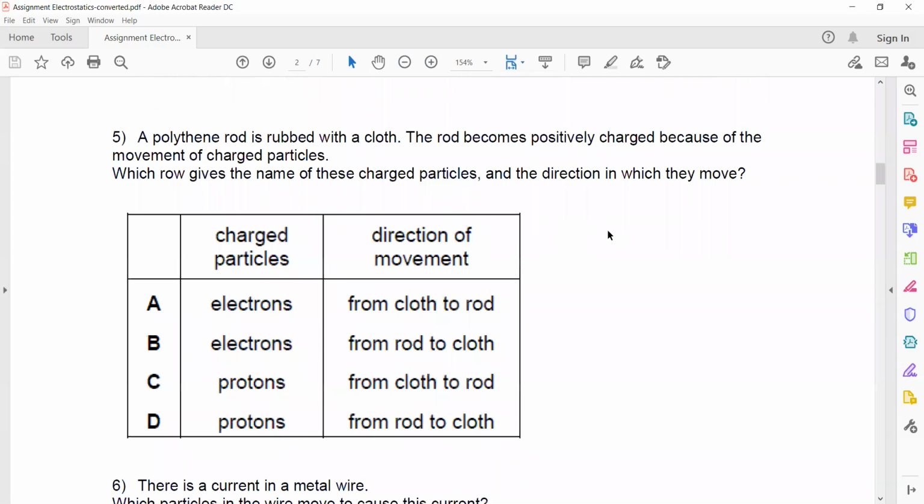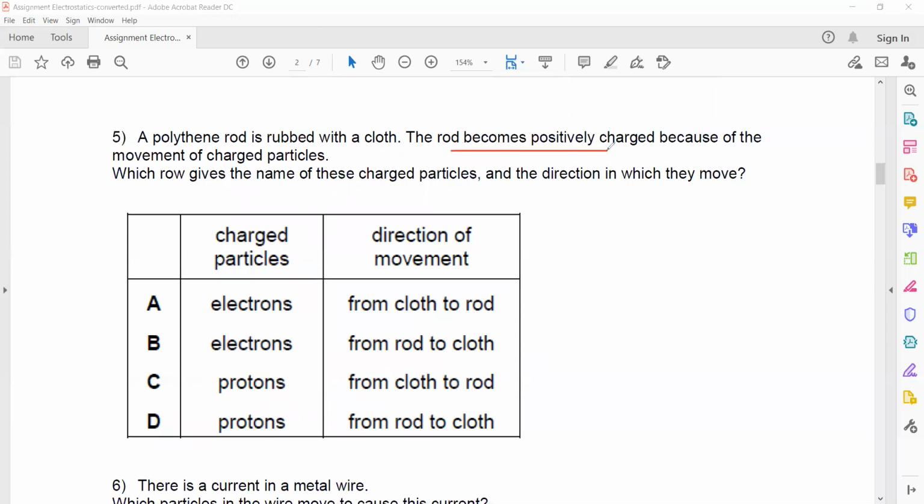Question 5, what could be the answer? A polythene rod is rubbed with a cloth.